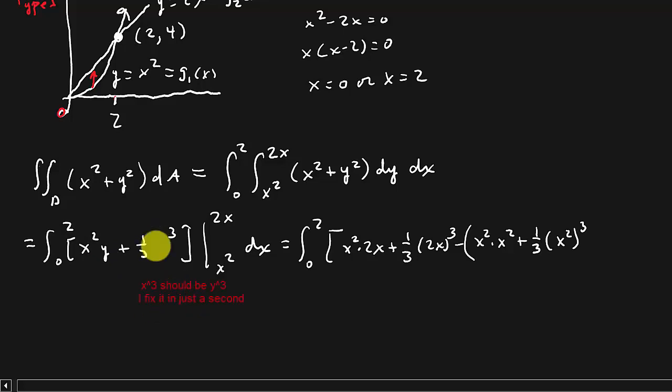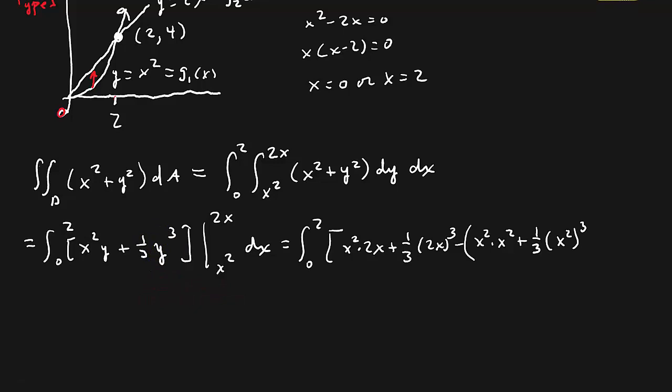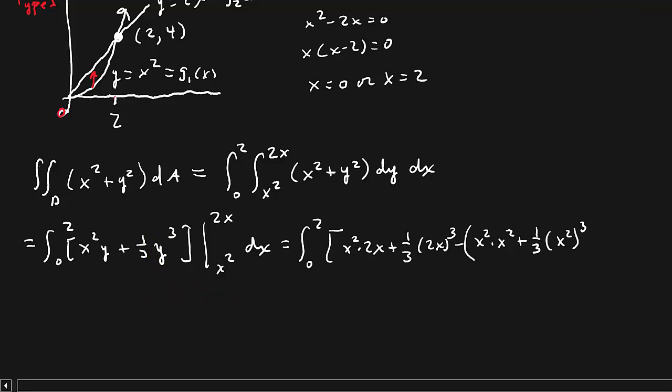This should be y cubed. All right, so sorry about that. That should be a y. You know, you get in the habit of writing x all the time. But it's y. The antiderivative of this is 1/3 y cubed. I put an x instead of a y. All right. And that is dx.